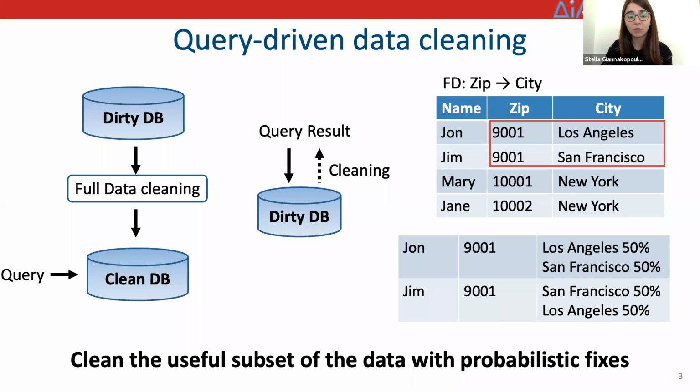Then the probabilities of each candidate value are frequency-based, and they are driven by the conditional probabilities that are given by the functional dependencies. Therefore, for example, here, the zip value 9001 is mapped with two different city values, Los Angeles and San Francisco, each with a 50% probability. Therefore, using this approach, we can clean only the useful subset of the dataset using the probabilistic fixes.